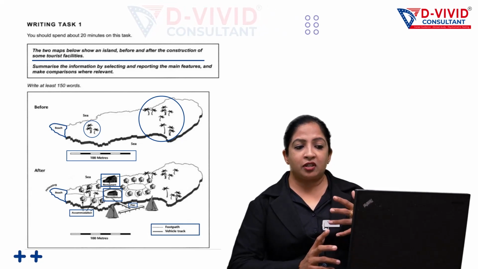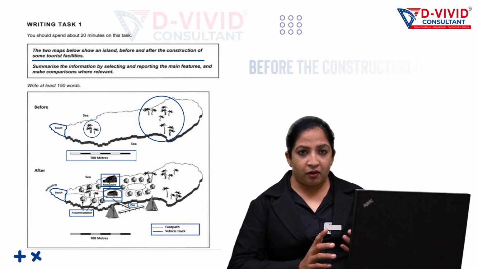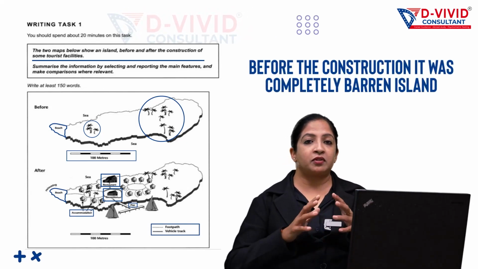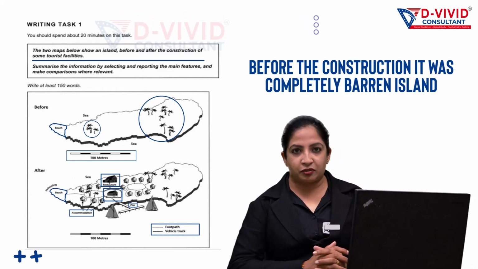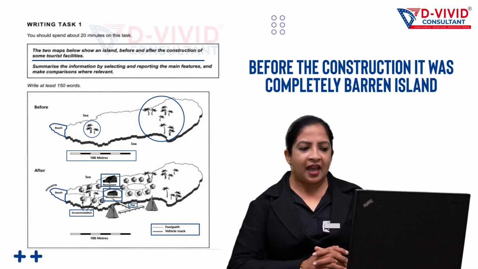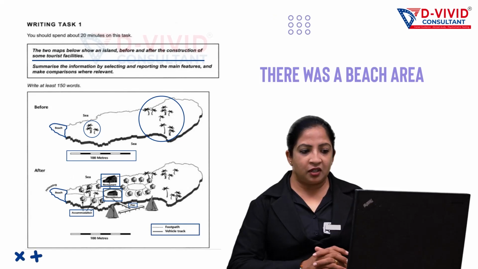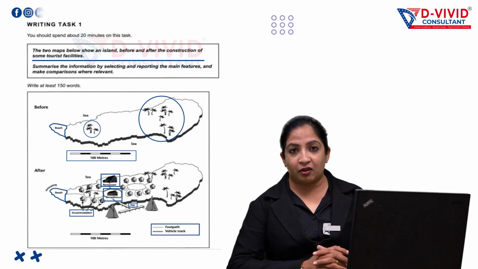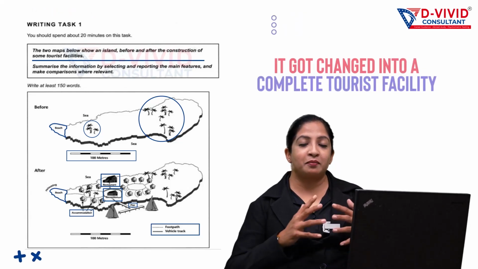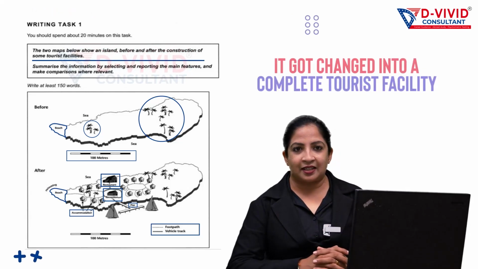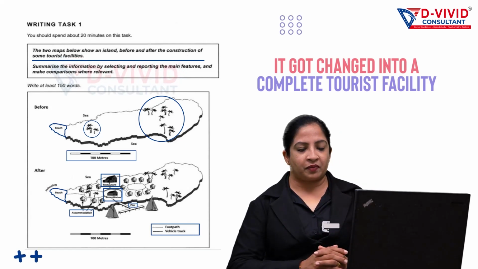So we can just put this information in the overall section: before the construction it was a completely barren island with a few naturally grown trees, and still there was a beach area. And afterward it got changed into a complete tourist facility. So that is what you can include in your overall section.